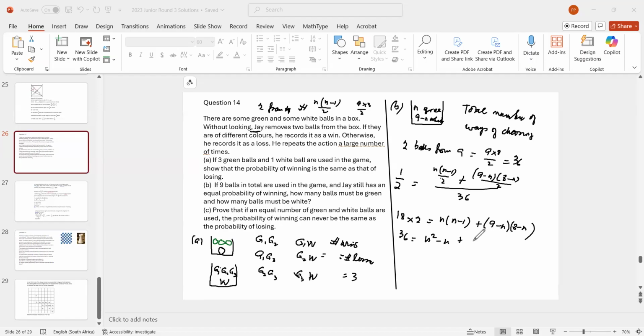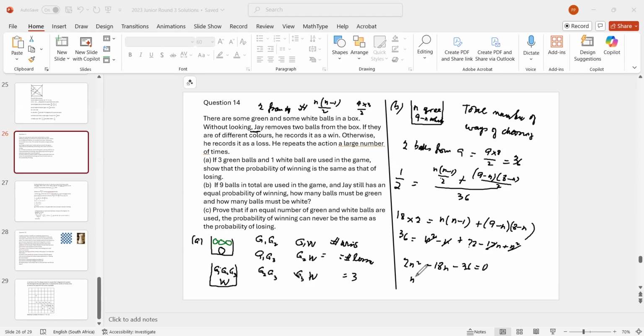And when you expand all this, you get 9 times 8 is 72 minus 17n plus n squared. And then if you bring all the n squared to one side, n squared plus n squared is 2n squared. Minus 17n minus n is minus 18n. And 72 minus 36 is 36. And that's equal to 0.